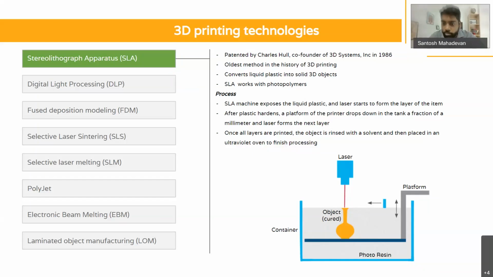To continue the process, we have a laser on top. This laser is capable of throwing concentrated light, right? Laser is nothing but a concentrated light. It throws the concentrated light on the photoresin and then cures it. If you have to make the same 25 by 25 by 25 cube, what the laser is going to do is simply draw a 25 by 25 square and then fill it, or paint inside the square.